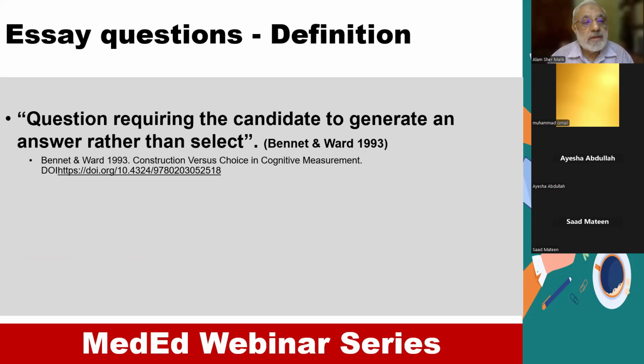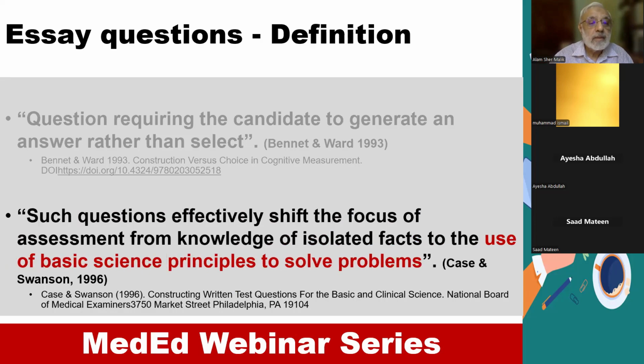Some other definitions: essay type questions require the candidate to generate an answer rather than select one. Such questions effectively shift the focus of assessment from knowledge of isolated facts to the use of basic science principles to solve problems.